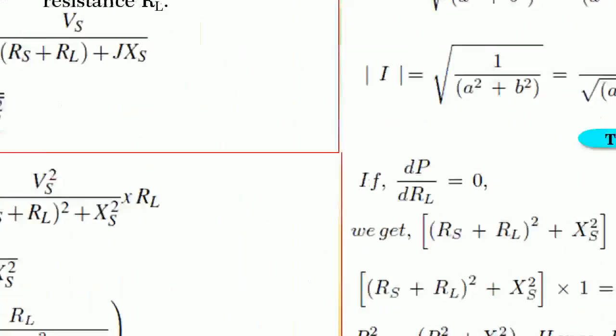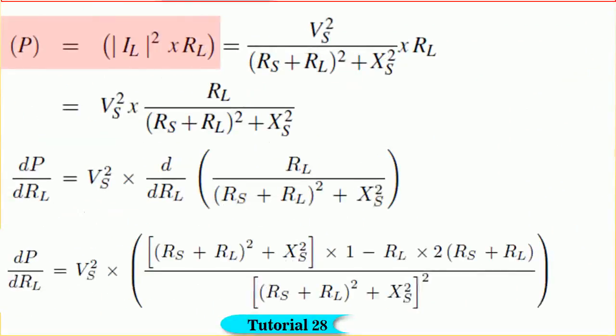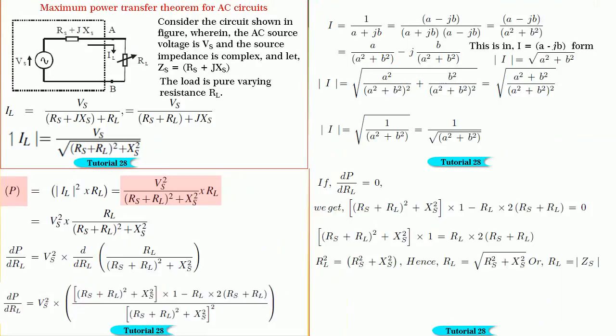Hope you got it. But power absorbed in the load RL is P is equal to mod of IL squared into RL. By substituting for IL, we get P is equal to Vs squared divided by (Rs plus RL) whole square plus Xs squared into RL. Note that this part is mod of IL squared.